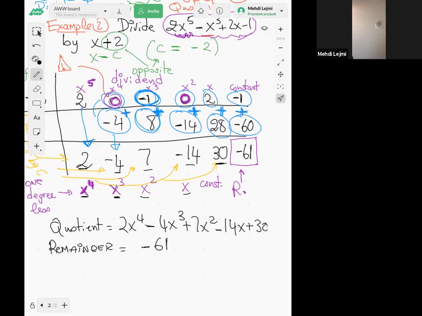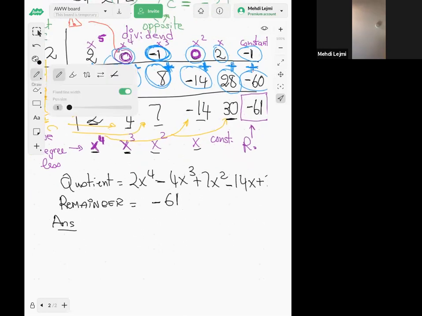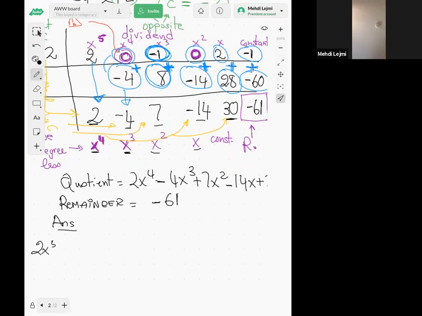When you write the final answer, you write the dividend, which is 2x fifth minus x cubed plus 2x minus 1.